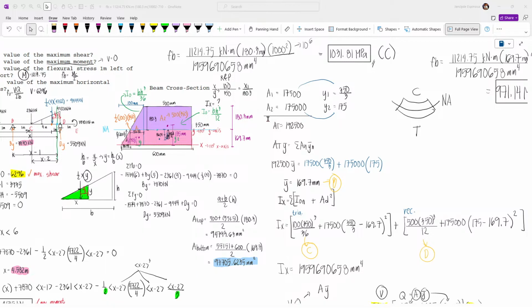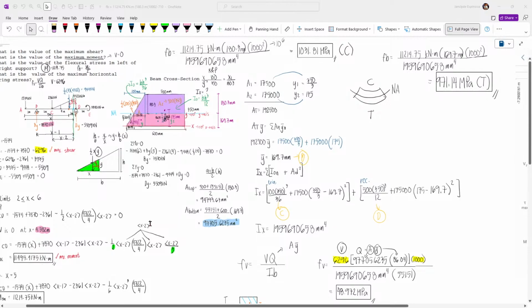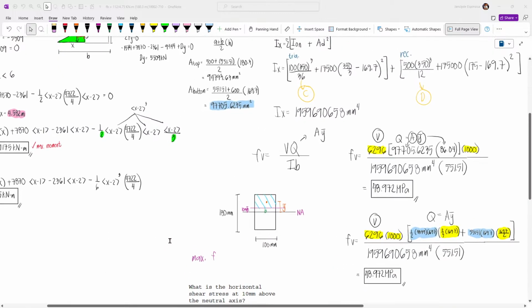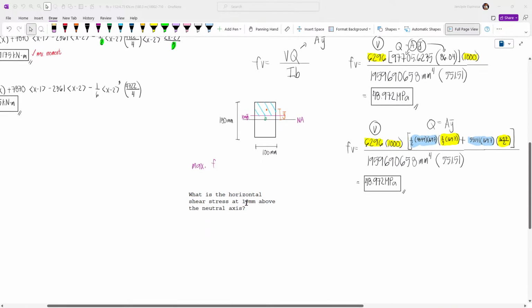For rectangular sections there are derived formulas, but for non-maximum cases, for example, what is the horizontal shear stress at 10 mm above the neutral axis, you should draw it on the figure.